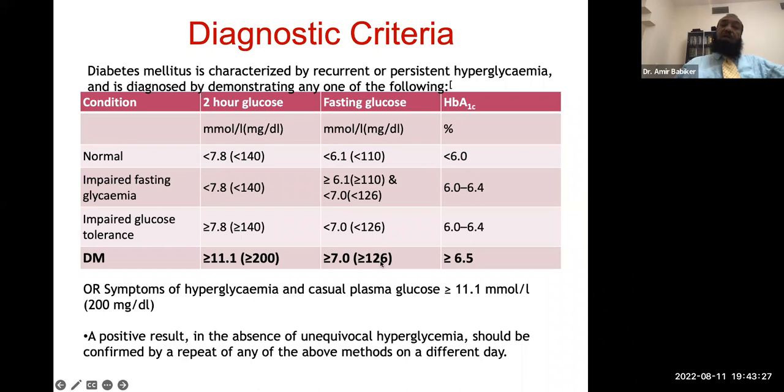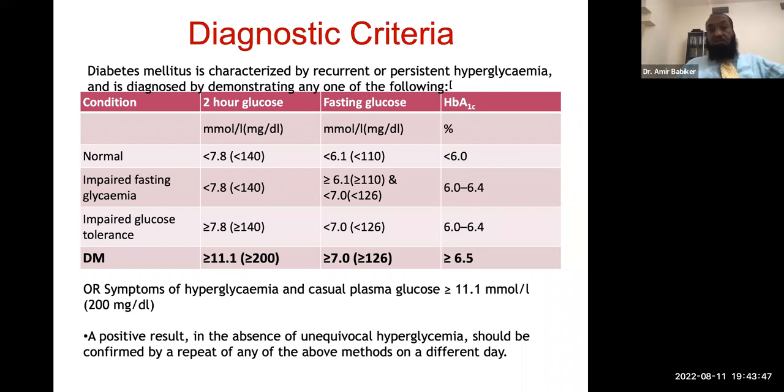And if blood sugar after a meal goes above 140 up to 200, this is a pre-diabetic having impaired glucose tolerance. That means he cannot tolerate a heavy meal with glucose. So these numbers should be clear to you.